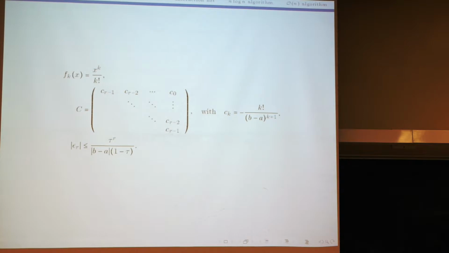We see that the error term in the Taylor expansion is comparable to tau to the rth power, where tau denotes the separation ratio, which is 0.6 in our setting.